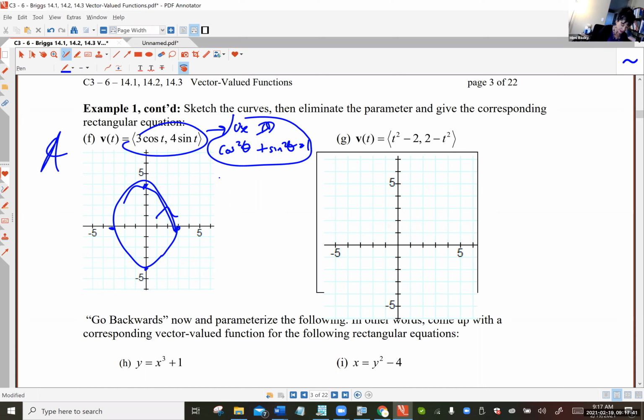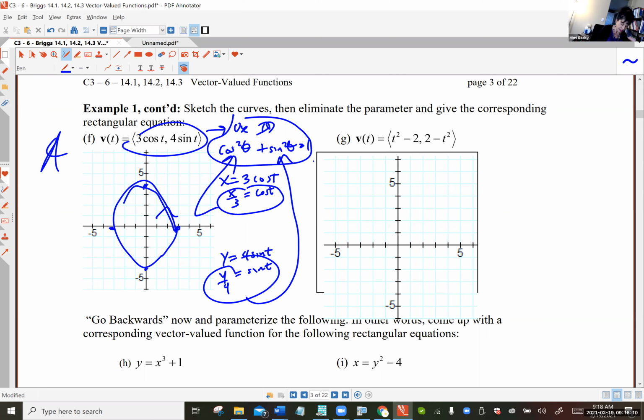I'm still going to start by writing my x and y out. But then instead of trying to solve for t for either of them, because that's going to give me a nightmare like arc cos and arc sine, I don't want that. What I do is I solve for cos t, not t. And in this one, I solve for sine t, not t.